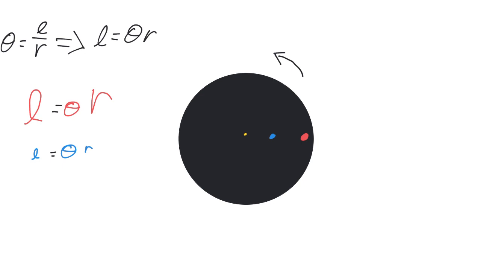Okay, now the angular speeds are going to be the same, and angular speed is related to linear speed using this equation. That T stands for tangential. So it's the linear speed that the two dots have.